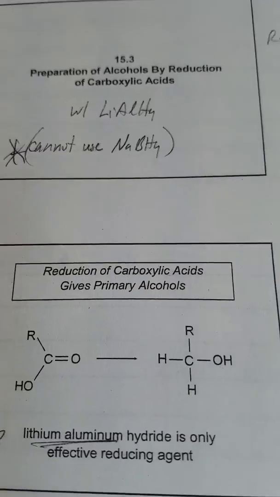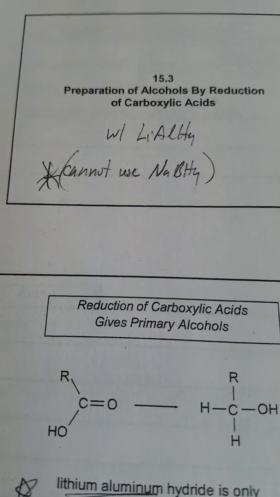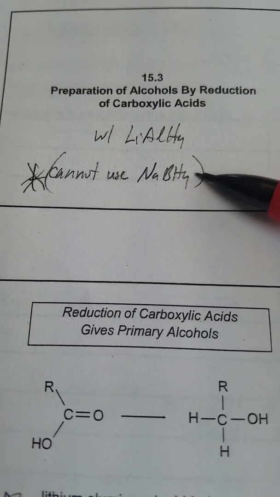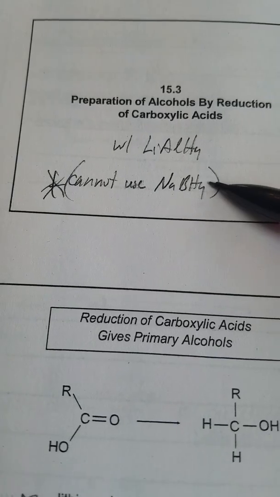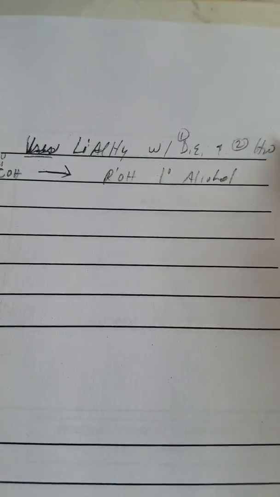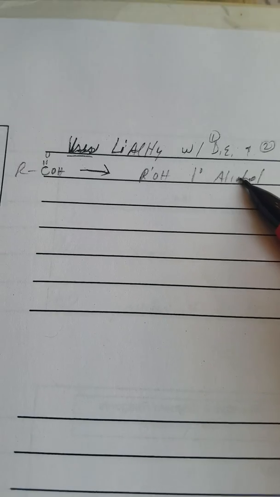Now if we want to prepare alcohols by reducing a carboxylic acid, we have to use the lithium aluminum hydride. The sodium borohydride cannot be used. Using the lithium aluminum hydride, you'll use your diethyl ether and water, so you'll use a 2-step process again, and you'll make a primary alcohol.